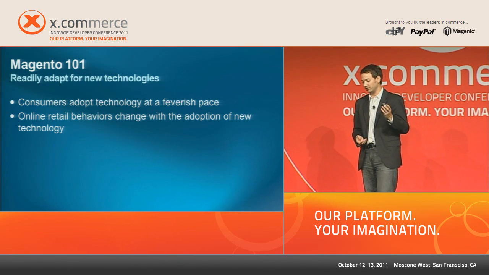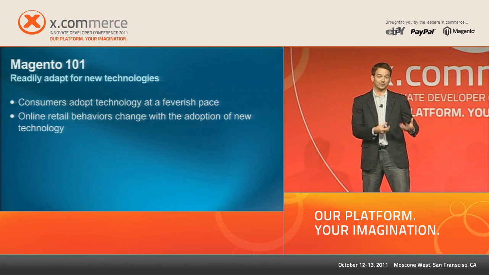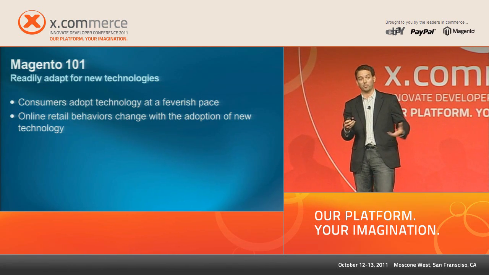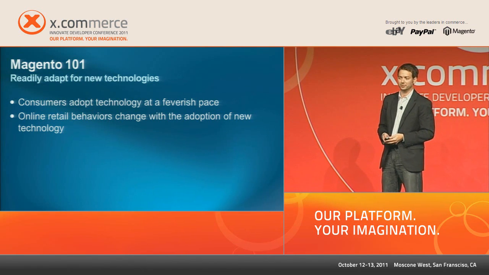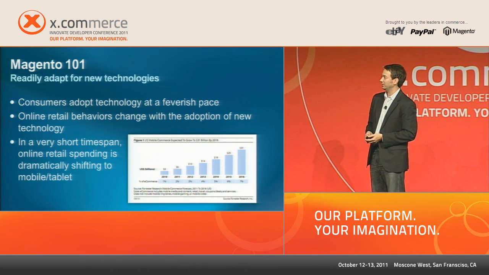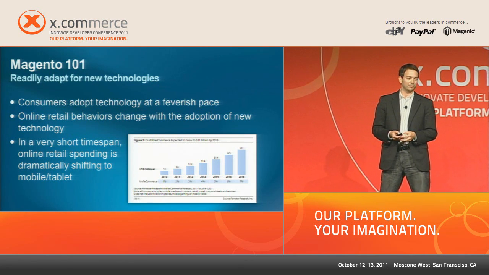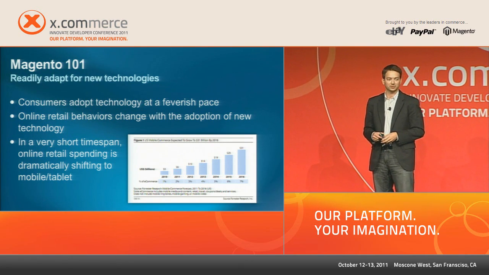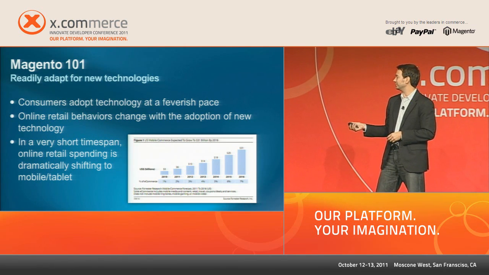As a number of slides earlier have presented, the shift from offline retail has dramatically incorporated more online metrics into the decision-making process. Behaviors are changing every single day. In a very short time span, online retail spending is dramatically shifting to mobile and tablet. And this is an opportunity for growth.